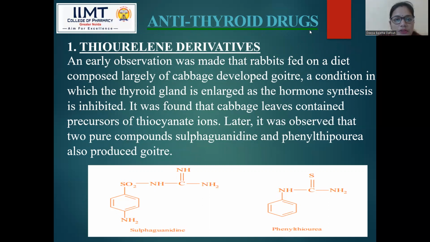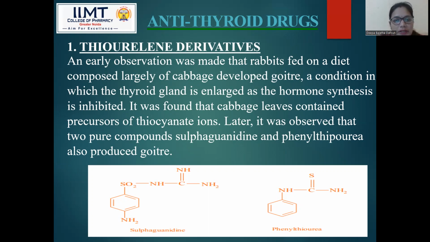An early observation was made that rabbits fed on a diet composed largely of cabbage developed goiter, a condition in which the thyroid gland is enlarged as the hormone synthesis is inhibited.